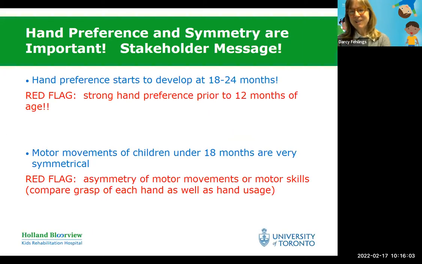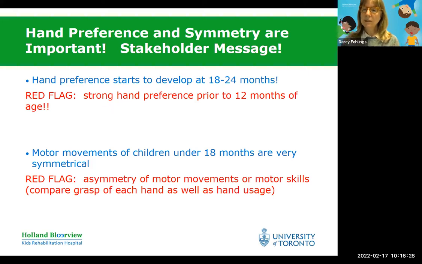I mentioned at the very beginning that stakeholders are important, and we formed a stakeholder group right at the beginning of CPNet. And one of the things that we heard from our stakeholder group was that they really were concerned that their diagnosis for their child of hemiplegic cerebral palsy was a late diagnosis.